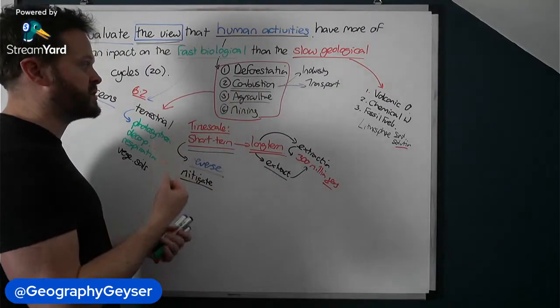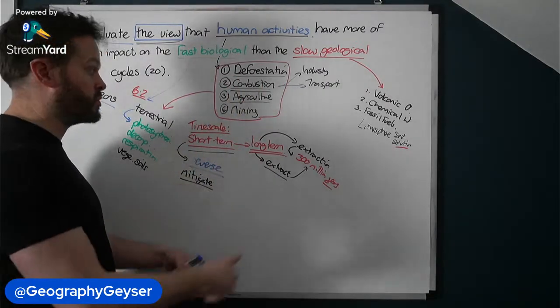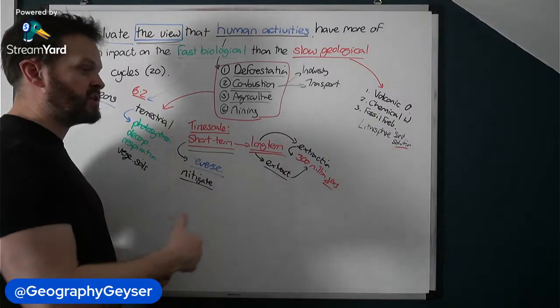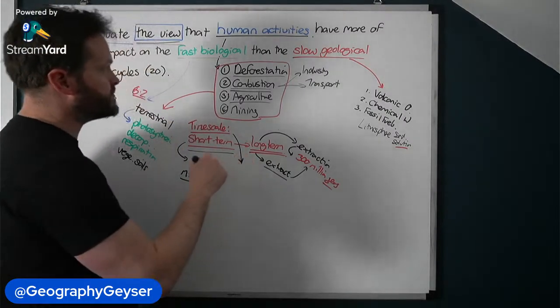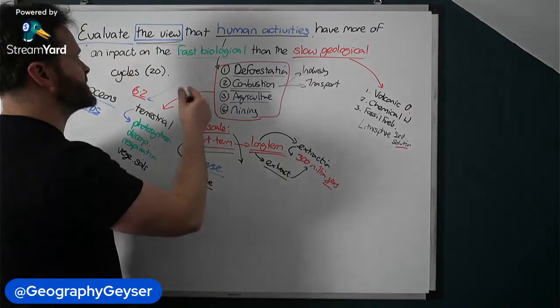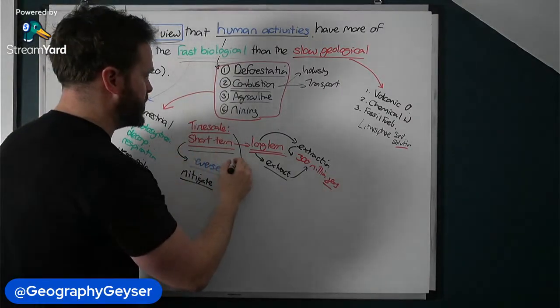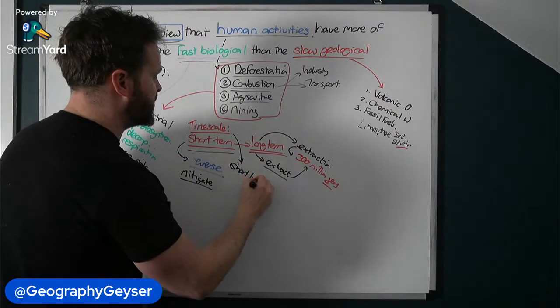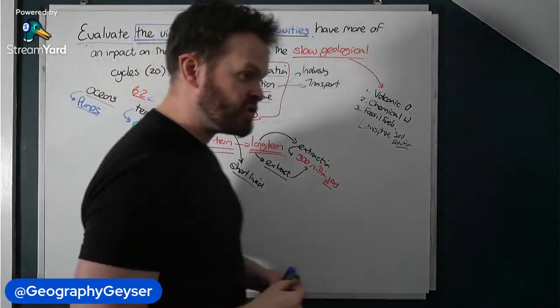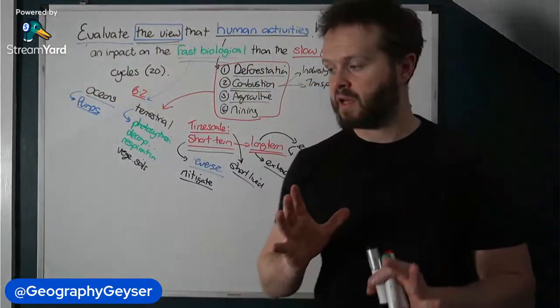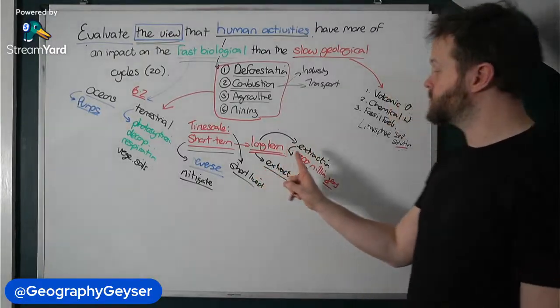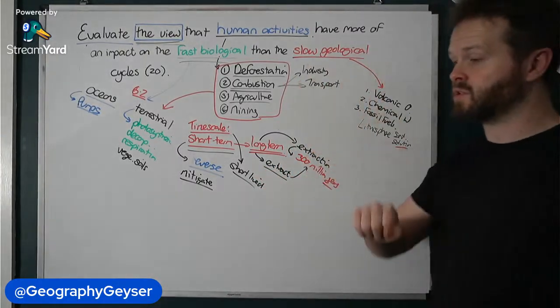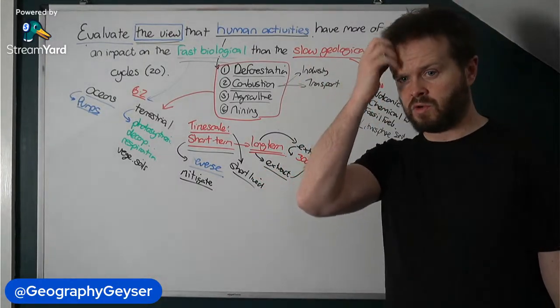We can start to utilize afforestation programs, which would reverse deforestation and kickstart photosynthesis again. So a lot of human activities that impact the fast biological cycle may well be short-lived. So actually, if we just change our perspective a little bit and consider this from longer-term timescales, maybe we could come to the conclusion that it's actually the slow geological cycle that we're impacting more.